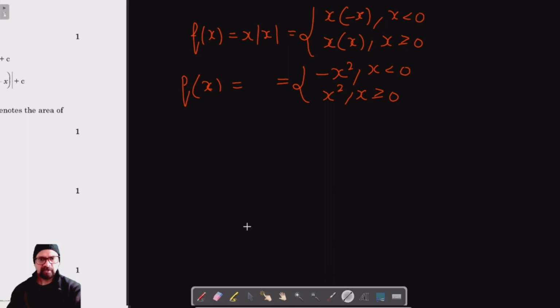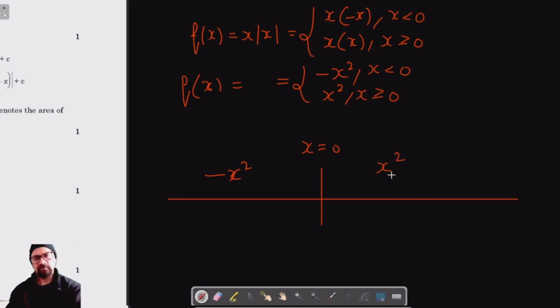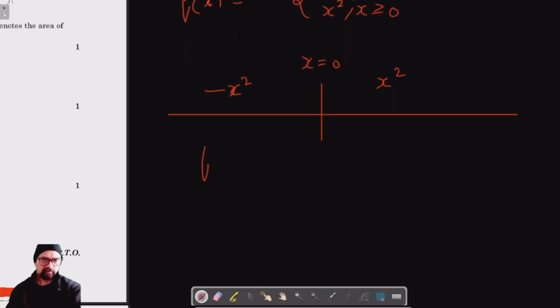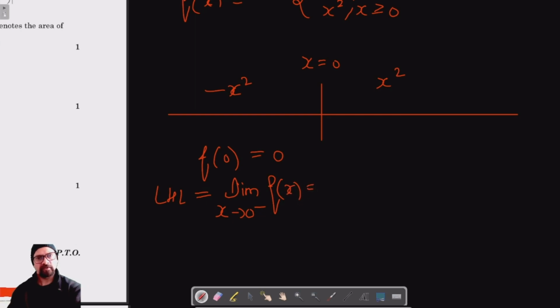If we sketch it on the number line at x equal to 0, for less than 0 this is negative x squared, and for greater than or equal to 0 this is x squared. The value of the function at 0 is equal to 0. Let's find its left hand limit. This is limit x tends to 0 negative f of x, which is limit x tends to 0 negative of negative x squared, which gives us 0.